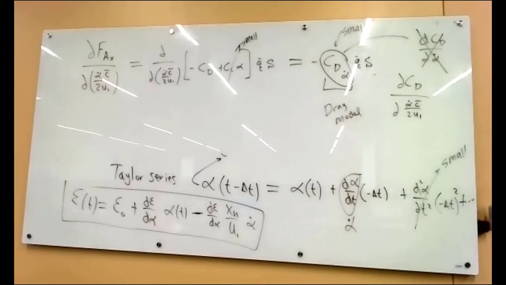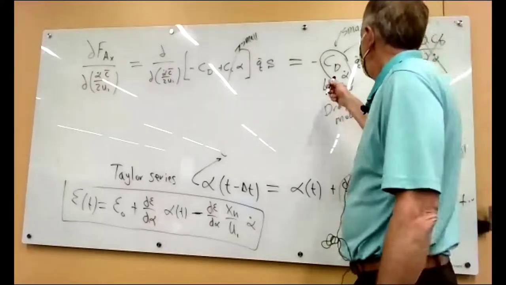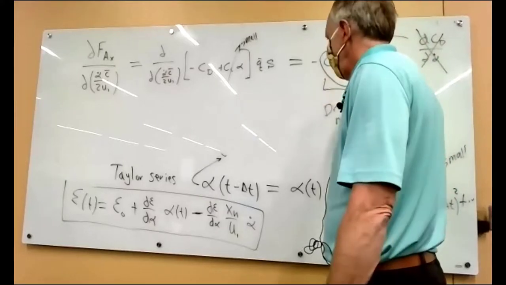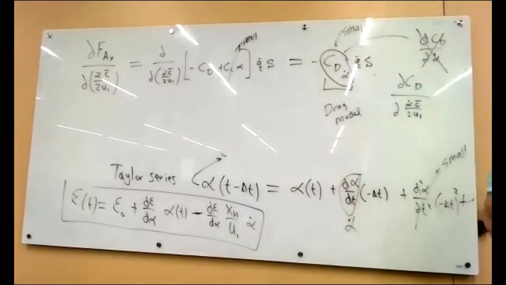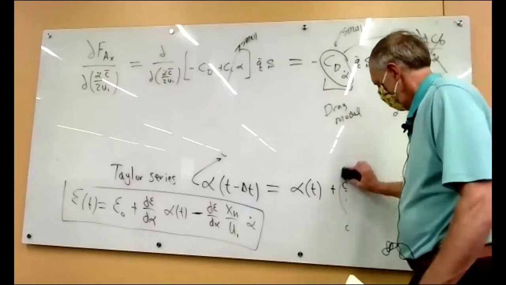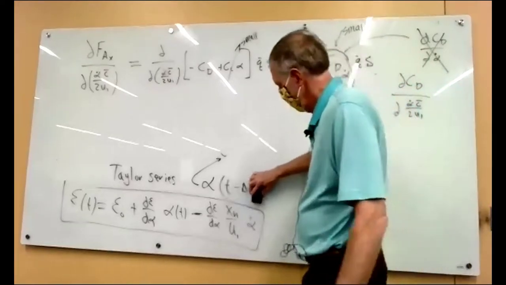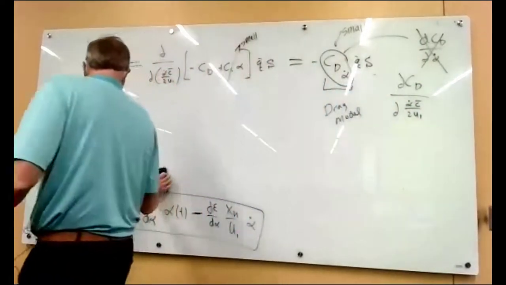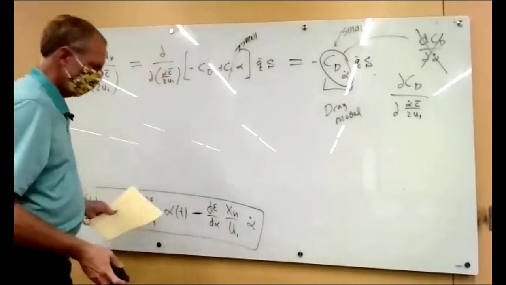But it does happen because the drag is going to depend upon alpha dot because the induced drag of the horizontal tail depends upon the lift of the horizontal tail, which depends upon alpha dot. But the lift effect is a bigger effect. I'm going to save this because we need this for the lift here.